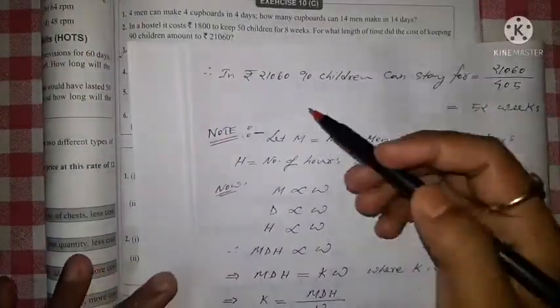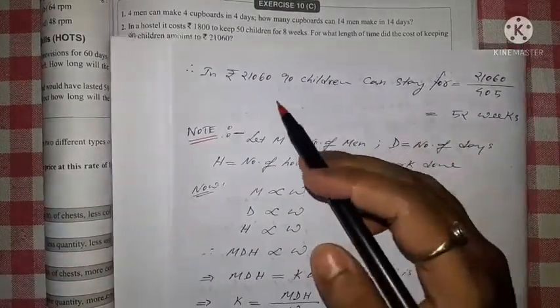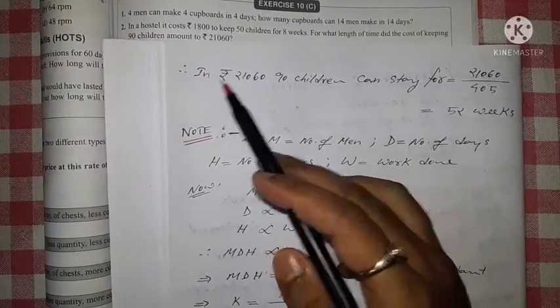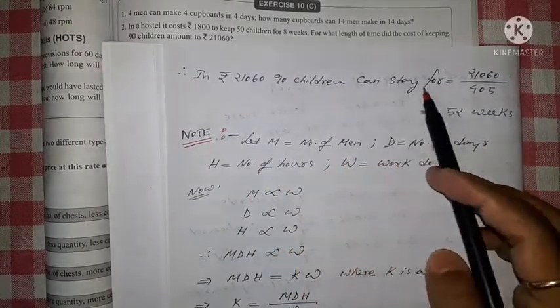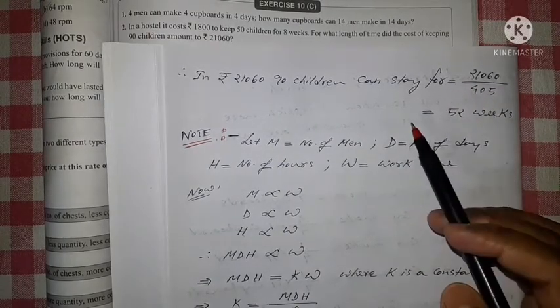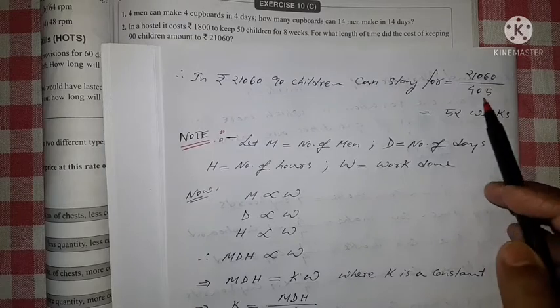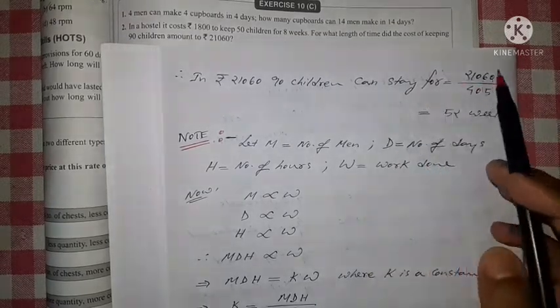Now we need to find for how many weeks 90 children can stay in 21,060 rupees. So 90 children can stay for 21,060 divided by 405, because 405 rupees is the cost of staying of 90 children for 1 week.